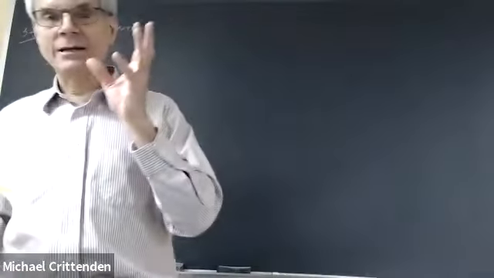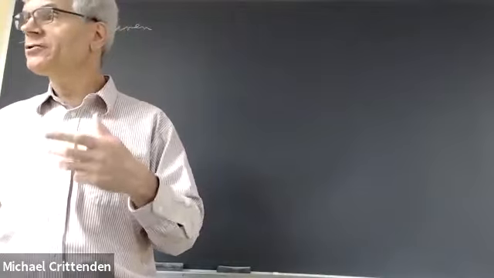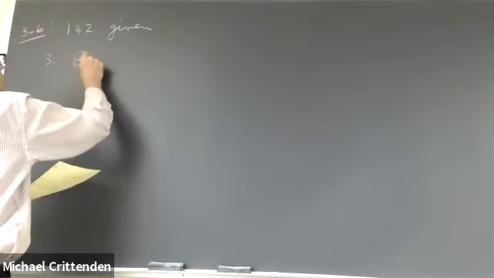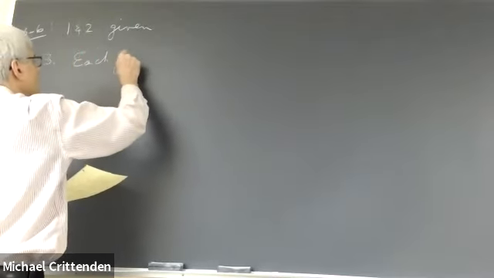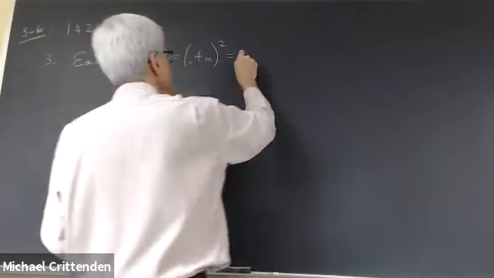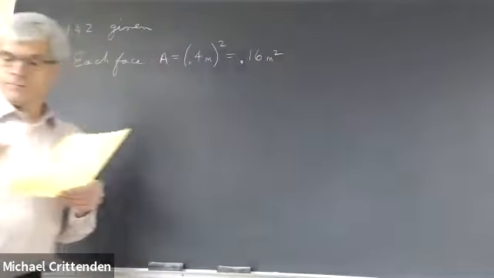Flux is E times A, which means I'm going to need the area of each square face of the box. The area of a square is the length of its side squared. That's why they call it squaring.